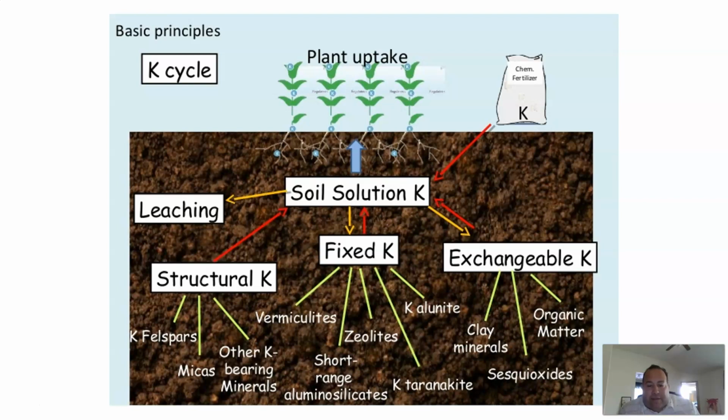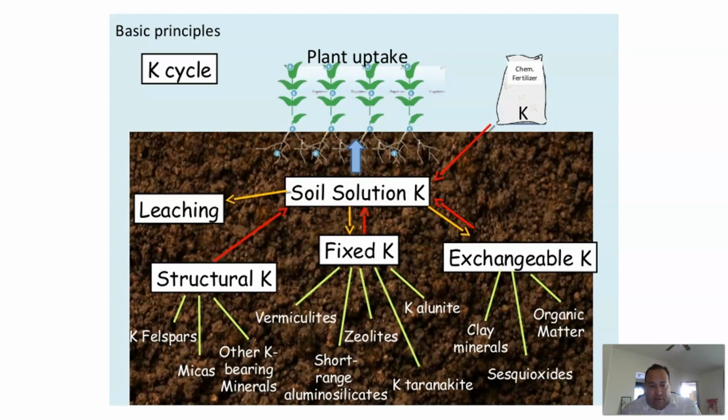So you're going to have zeolites or vermiculites or things like that holding it, or you can have that structural potassium, where over that long weathering process you get it from the feldspars and the micas or other minerals that have potassium in them.